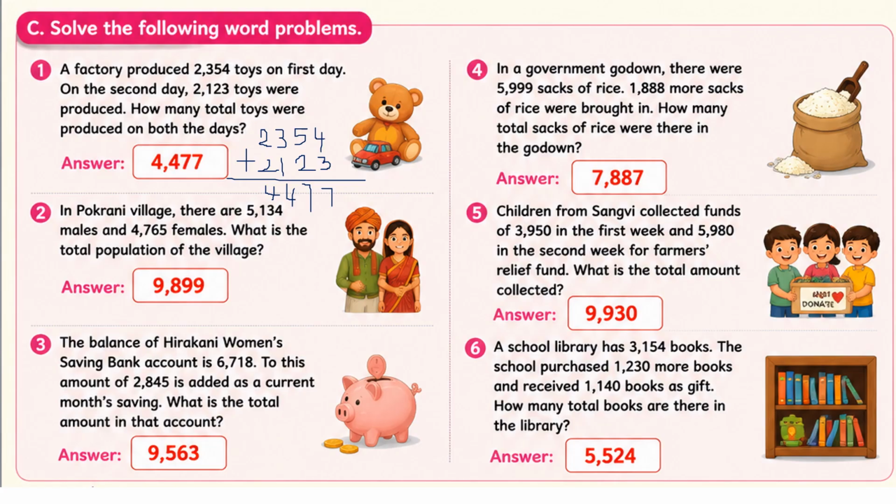Next, in Pokrani village there are 5,134 males and 4,765 females. What is the total population of village?